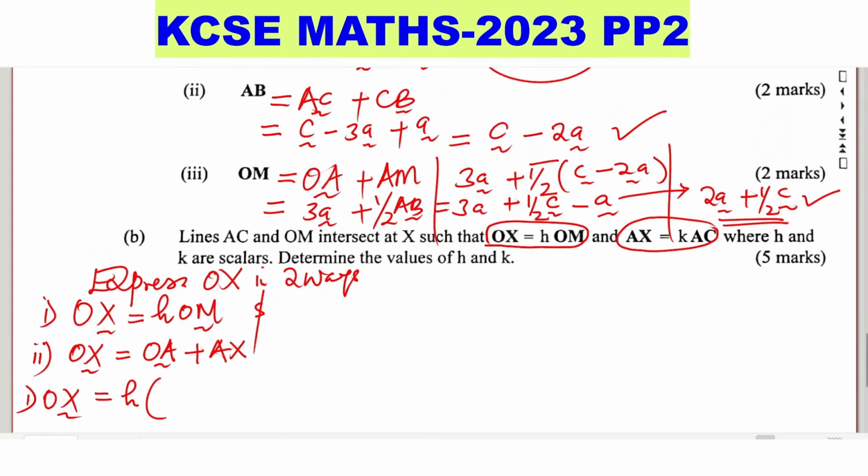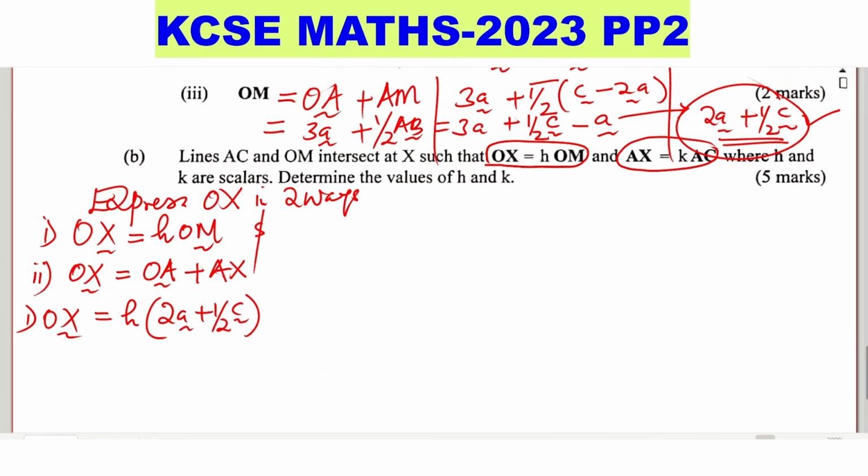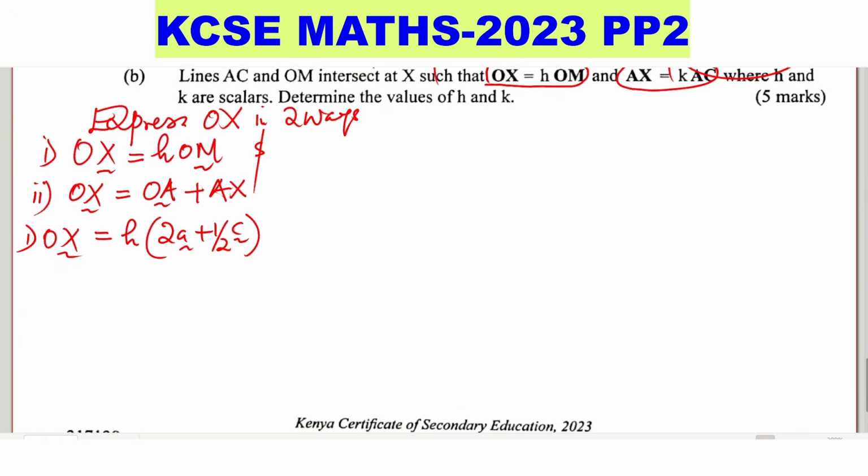So the first one, OX is equal to H OM. We already obtained OM in part 3 above, which is here, 2A plus half C. And this will give, when you open the brackets, 2HA plus half HC. That is the first expression of OX.